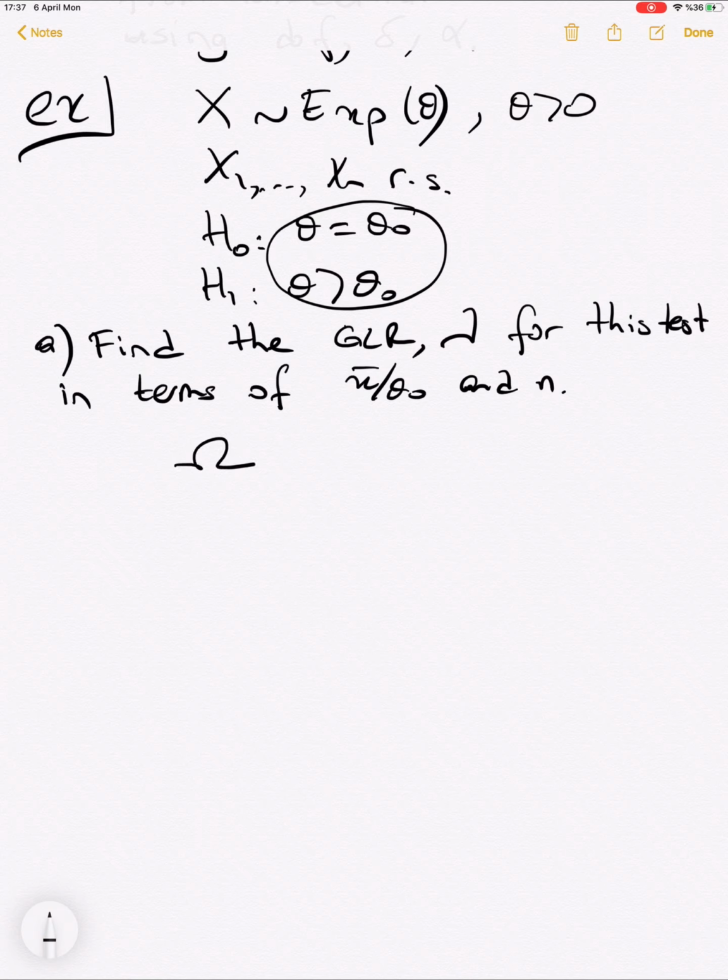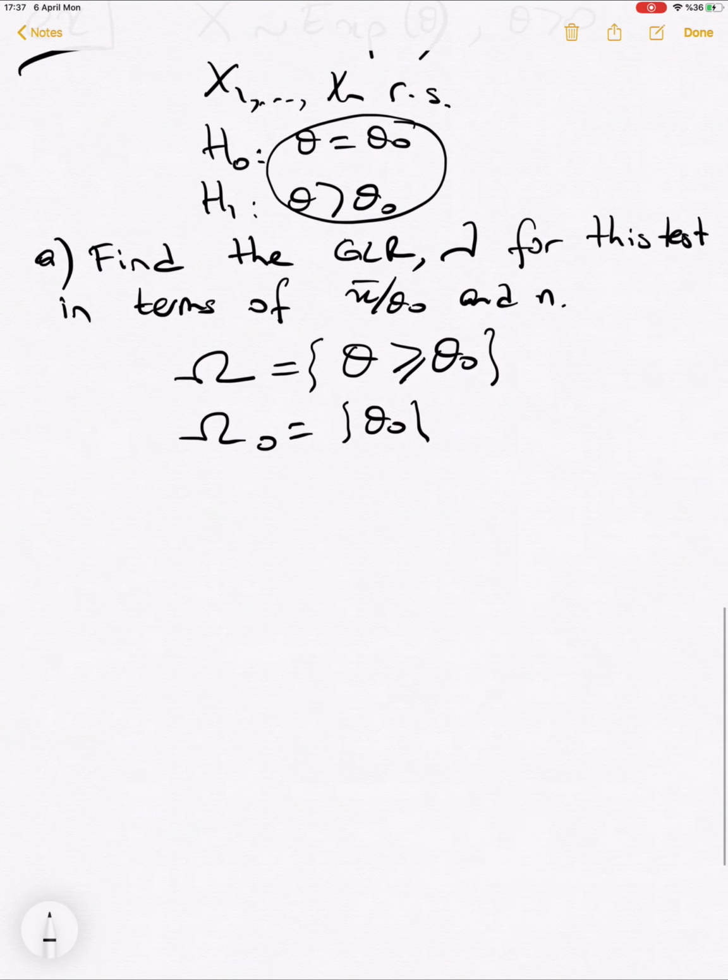For the hypothesis we are testing, the parameter space is theta greater than or equal to theta 0, not just theta greater than 0. And under the null, our value for the parameter is just theta 0. So we have to be careful because we need to find the maximum likelihood estimator where theta is greater than or equal to theta 0, not just theta greater than 0.